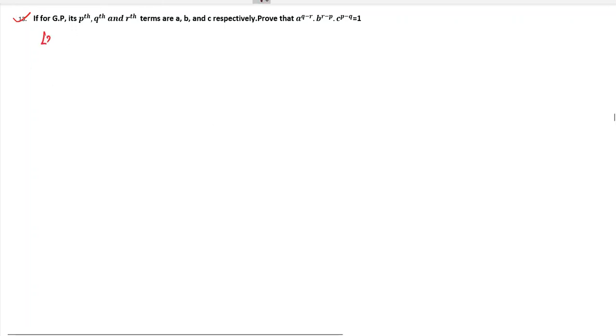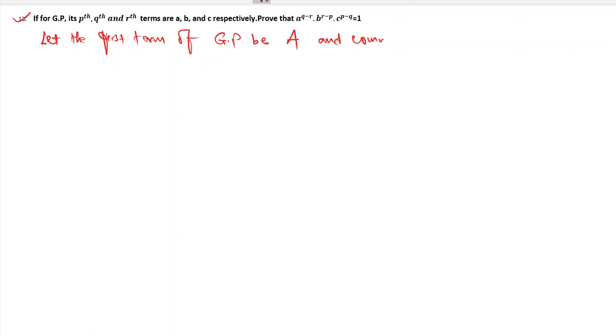So let the first term of the GP be capital A and common ratio be R. Why did I take capital A? Because we already know that the pth term is small a, so we cannot use small a in this question.